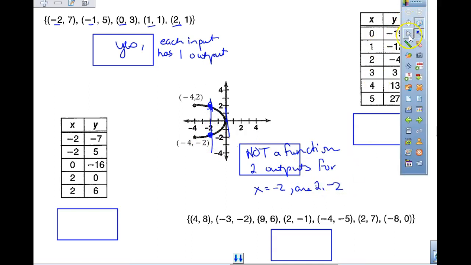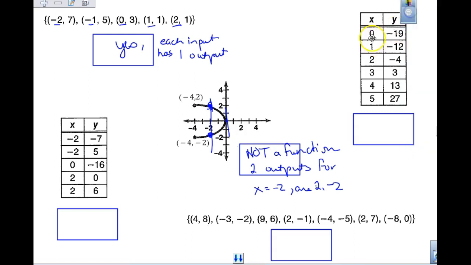So if I'm looking at the next table here, as I look at that table, Joe, would you say this table function or not a function? Function. Each input has one output. If we look at this table, Cameron, what are you thinking? Function or not a function? So when I look, I have -2, it gives me -7, and -2 gives me 5.